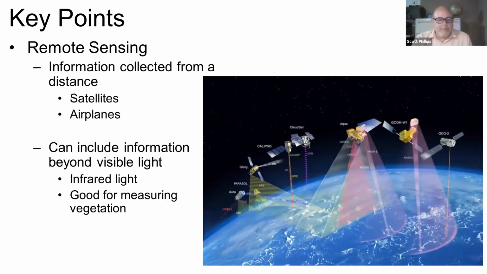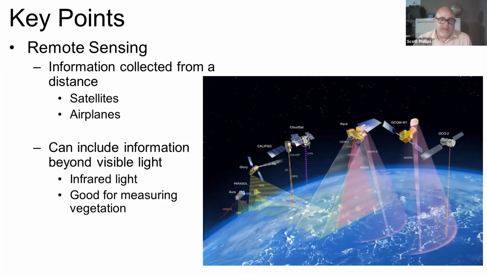All right, and a big other technology, especially in physical geography for monitoring the Earth, is remote sensing. This is about collecting information from a distance. Satellites, airplanes, drones are becoming a big source of remote sensing. And one thing that we'll key in on is that these are not just taking pictures, but these are digital measuring devices.